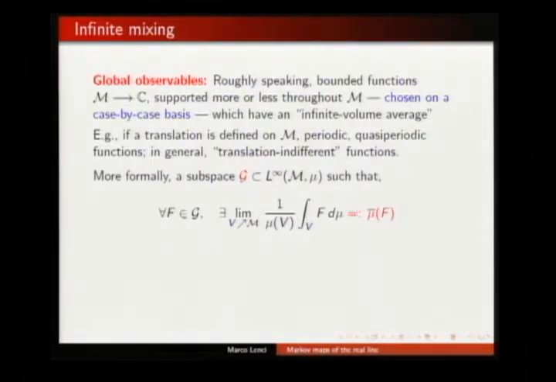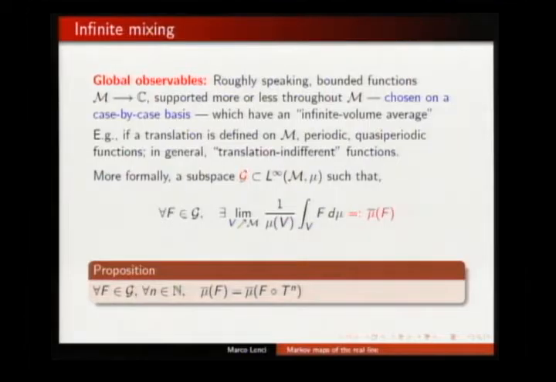L1 observables have the measure mu. Global observables have the quote-unquote measure. Of course, this is not a measure. It has the finiteness, the finite additivity property, but certainly it's not sigma anything. So it's a positive linear functional, let's say. At least that is true.